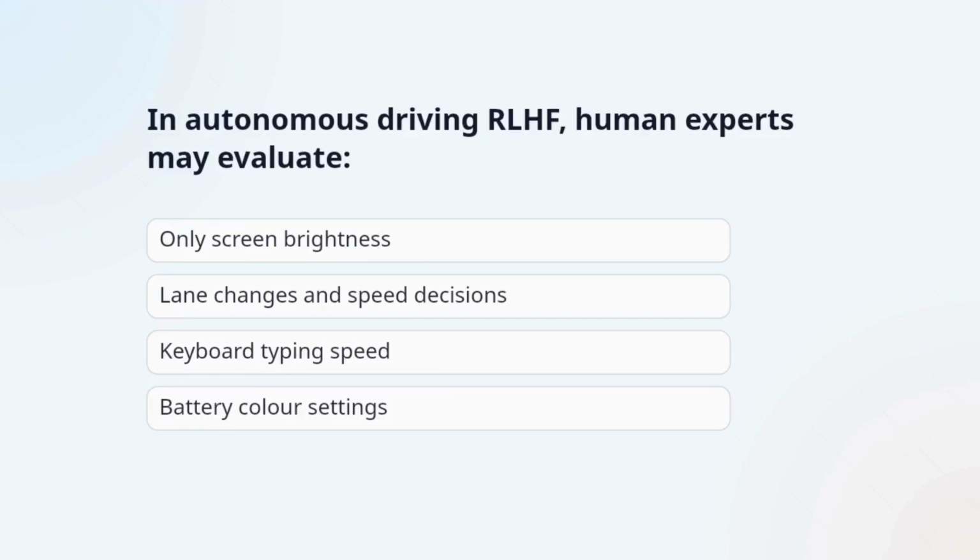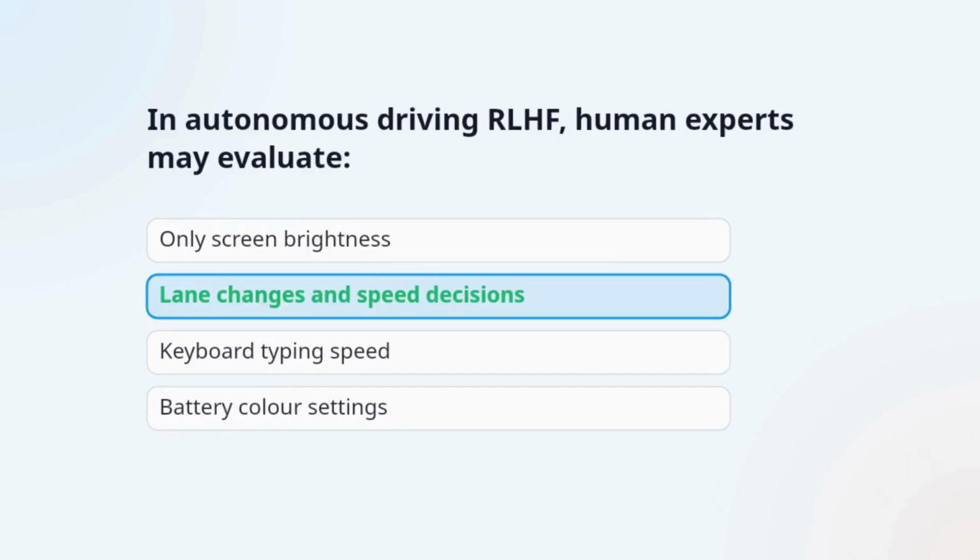Question 2. In autonomous driving RLHF, human experts may evaluate. The correct answer is lane changes and speed decisions. The article mentions decisions like lane changes, speed adjustments, and responses to unexpected situations.